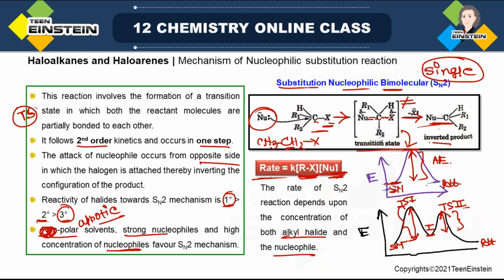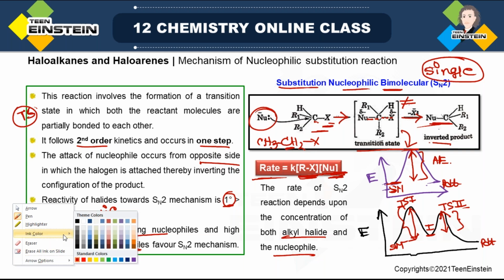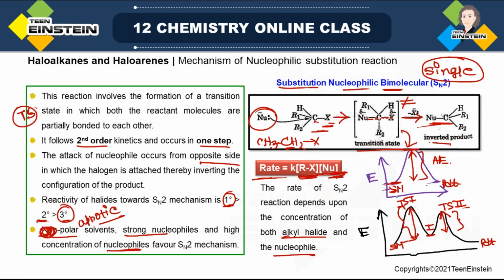And why is it so? Because in SN1, remember what we have already mentioned, the first step is the slow step and the second one is fast. And slow step means what? Here activation energy is high. So for the first one, this energy gap is high.